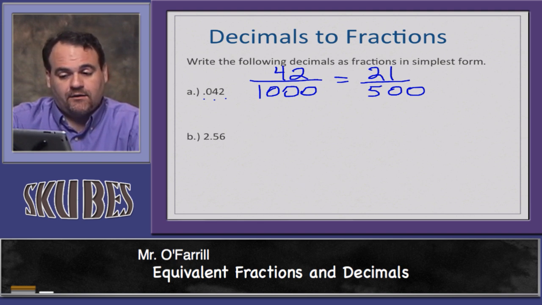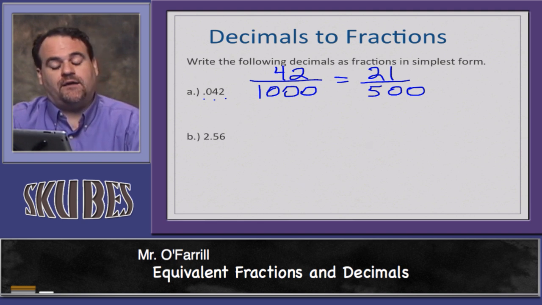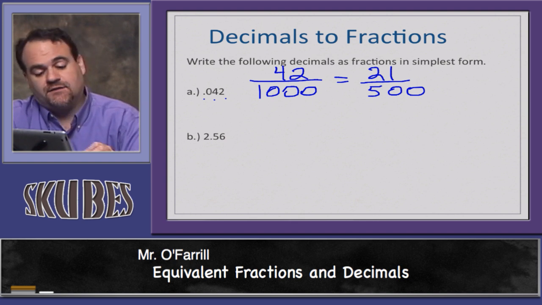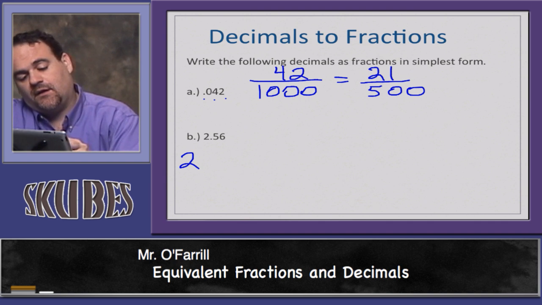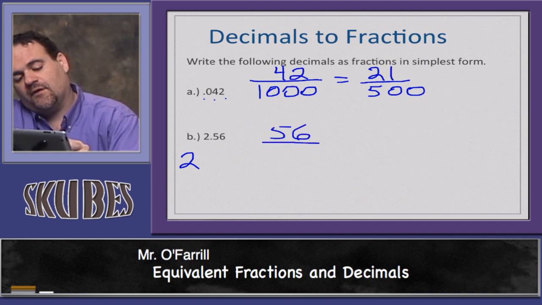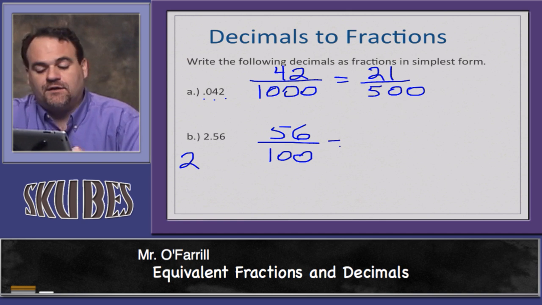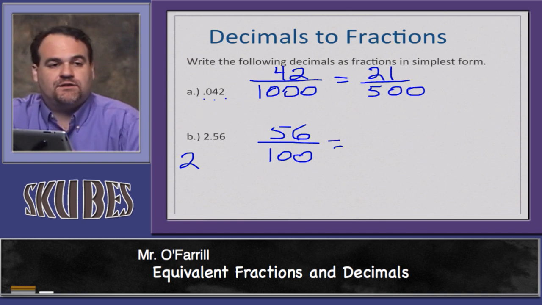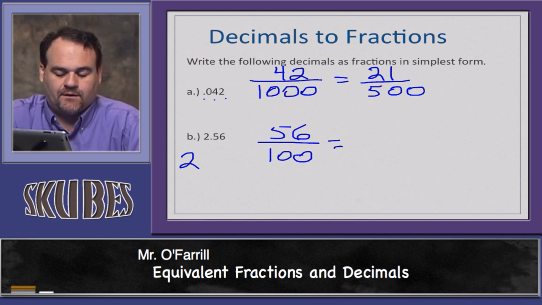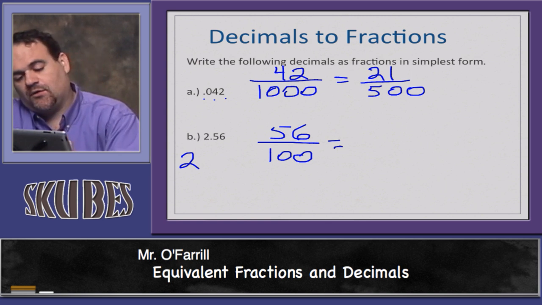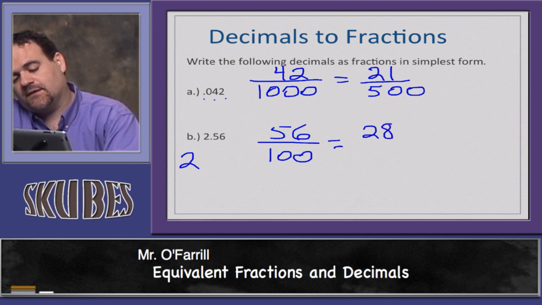All right. And finally, 2.56. We know it's going to be a mixed fraction, starting with a 2. And we have 56 out of 100. I can see they're both even. So let's just divide by 2 to start with. That'll be 28 over 50.